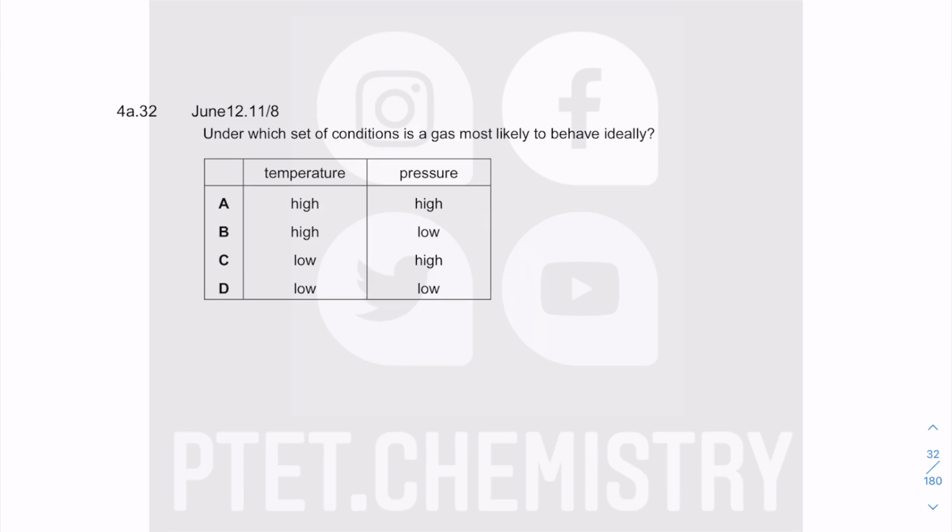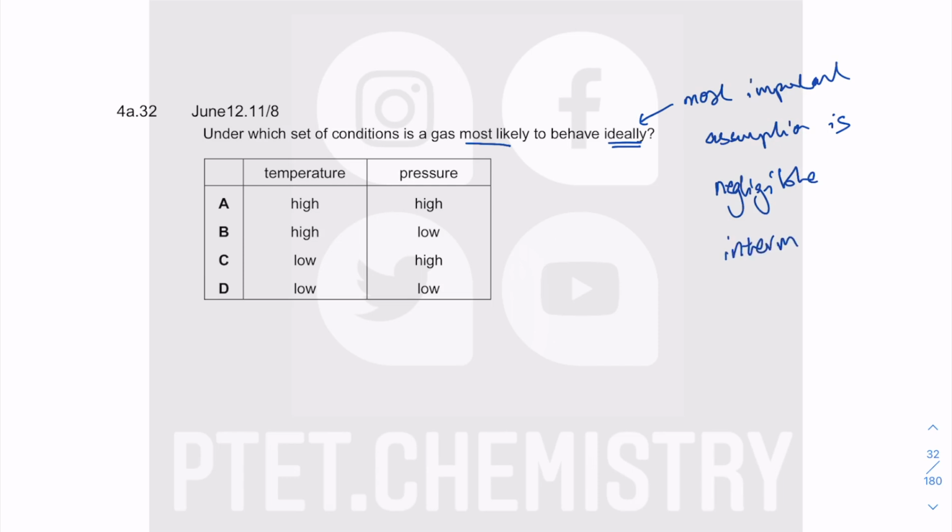Question 32. Under which set of conditions is a gas most likely to be ideal? So you want it to be an ideal gas. One of the most important assumptions of an ideal gas is negligible intermolecular forces, which I will abbreviate from now on as just IMF.